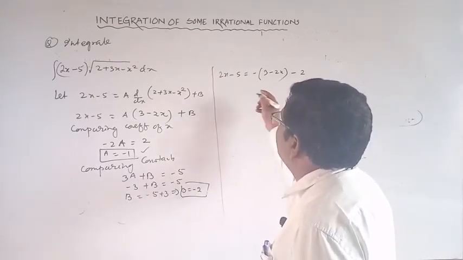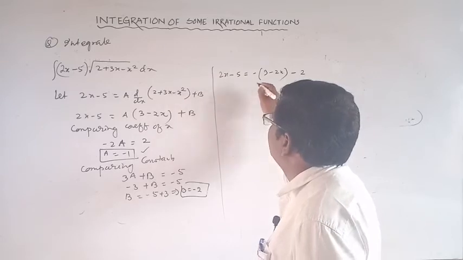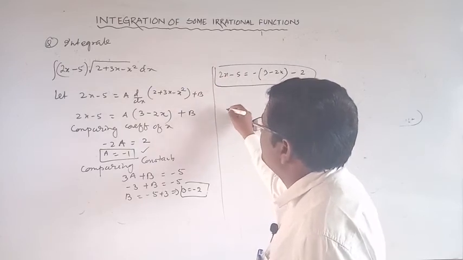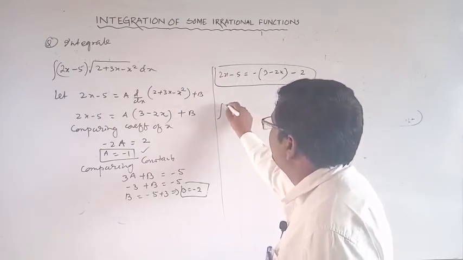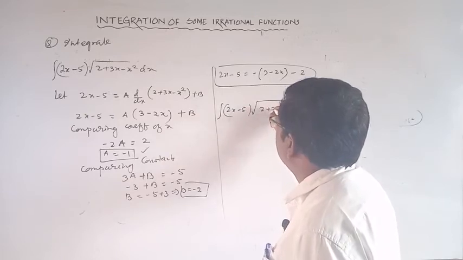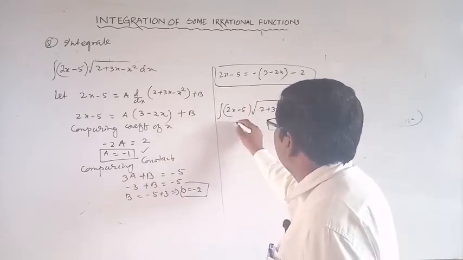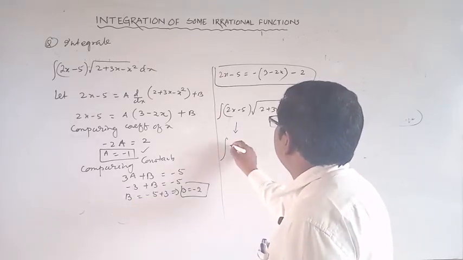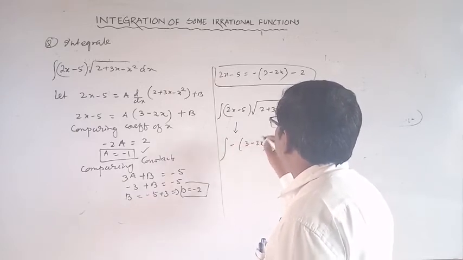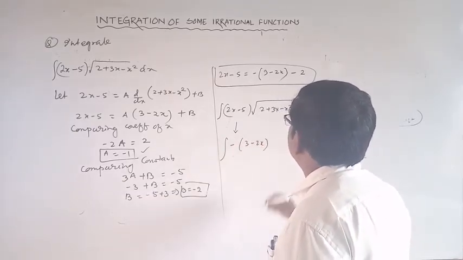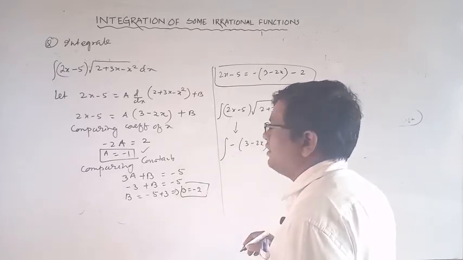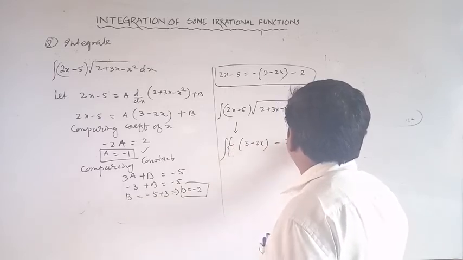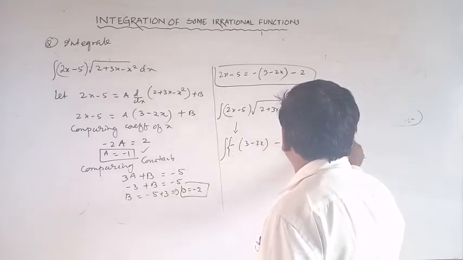So now the integration of 2x minus 5 over square root of 2 plus 3x minus x square dx is equal to, write this. So what right now? That is minus of 3 minus 2x, minus 2 brackets into root over 2 plus 3x minus x square dx.